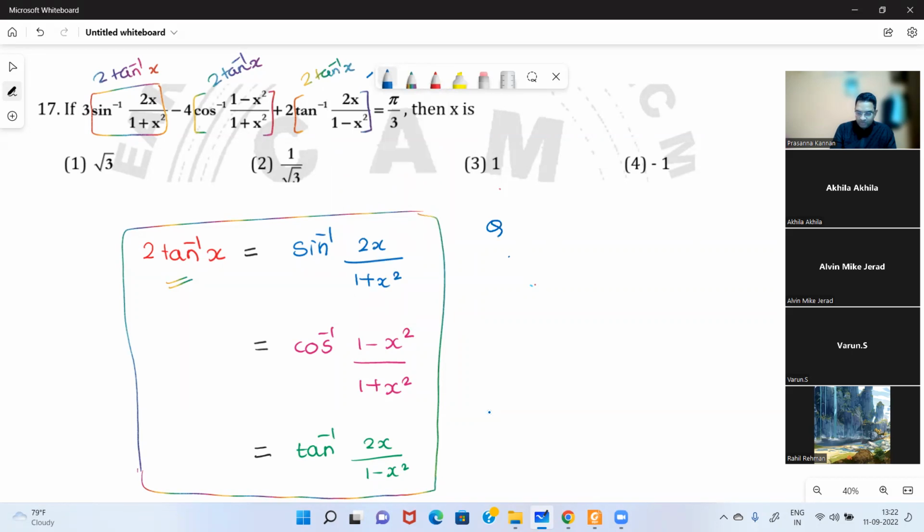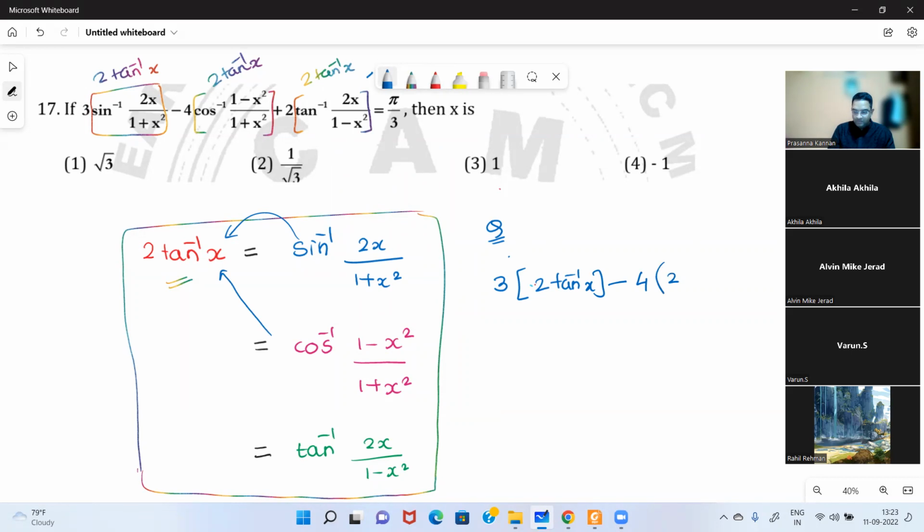So the question is going to be 3 into sin inverse 2x by 1 plus x square. What is that? It can be written as 2 tan inverse x. Minus 4 into cos inverse of 1 minus x square by 1 plus x square. That also we know is nothing but 2 tan inverse x.